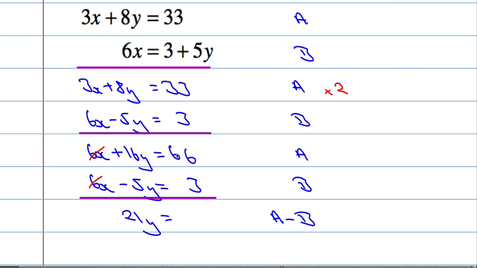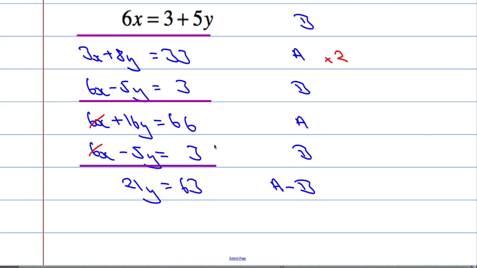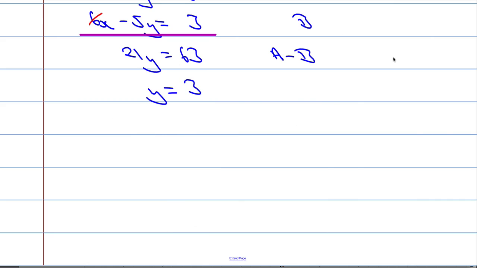And then 66 take away 3 is 63. So 21y is 63. That means that y, dividing both sides by 21, is going to be equal to 3. So now I know what y is.